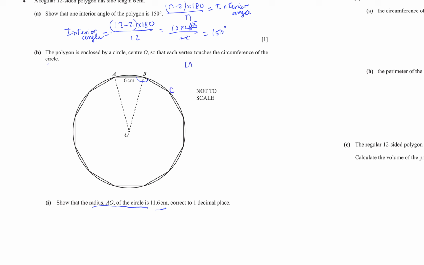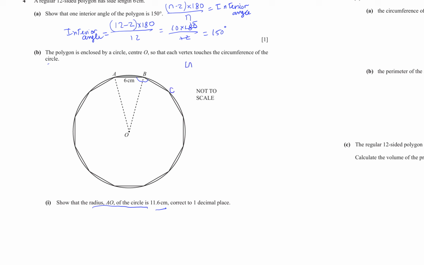Angle ABC is equal to 150 degrees. You can see that OB is the bisector. OB bisects angle ABC.